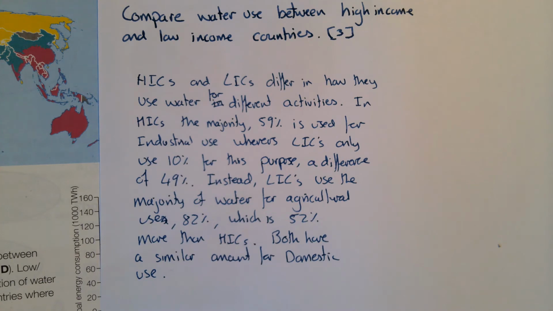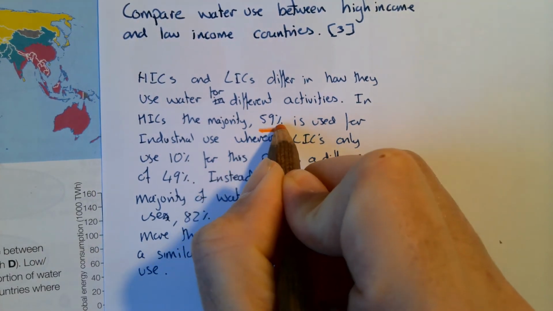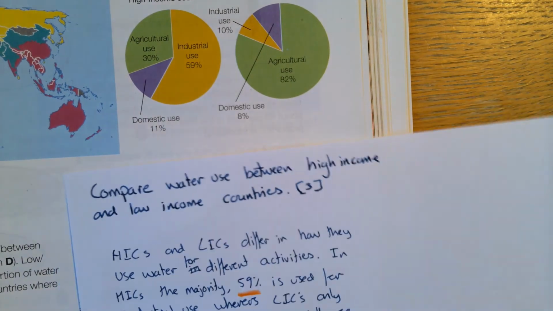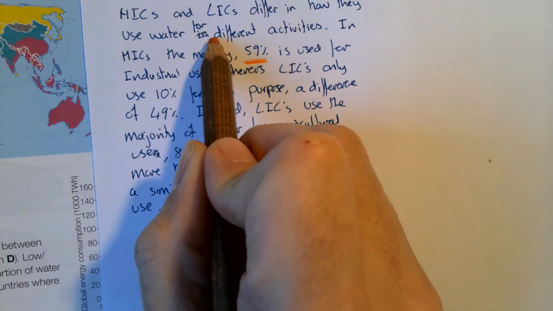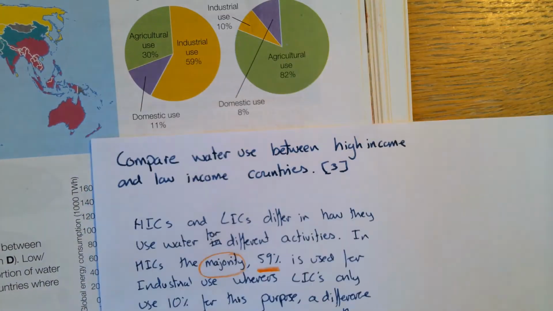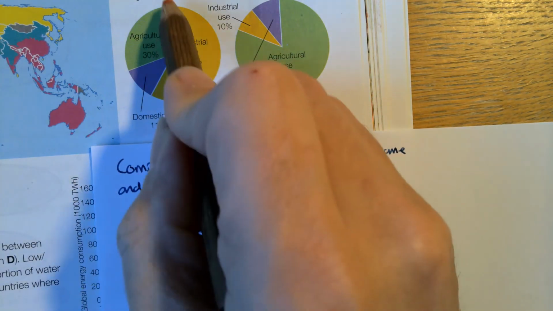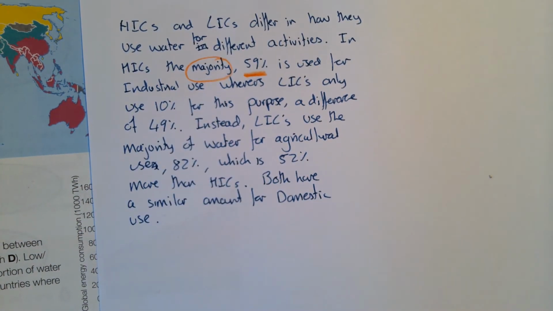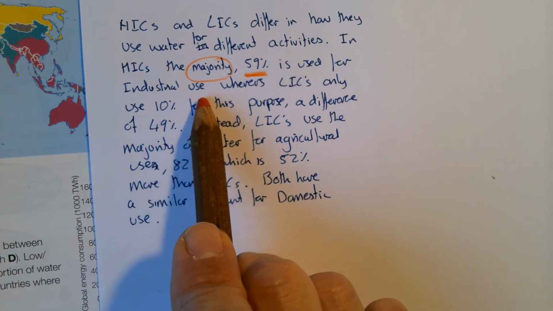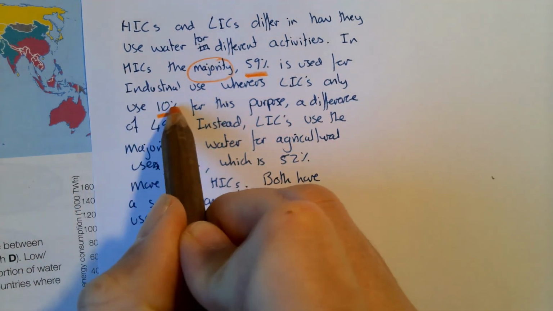In HICs, the majority, 59%, so notice that I've quoted from the source, 59%, and I've used a word that shows that I'm looking at the proportions within that circle, and this is more than 50%, it is the largest category, so it is the majority, is used for industrial use, whereas LICs only use 10% for this purpose.